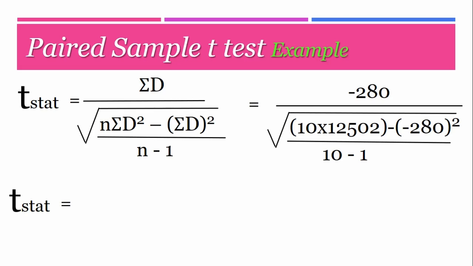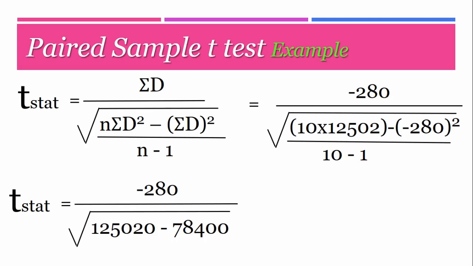In the next step, we keep the numerator minus 280 as it is, and multiply 12,502 by 10 to get 1,25,020, minus the square of minus 280, which is 78,400, divided by 10 minus 1, equal to 9.